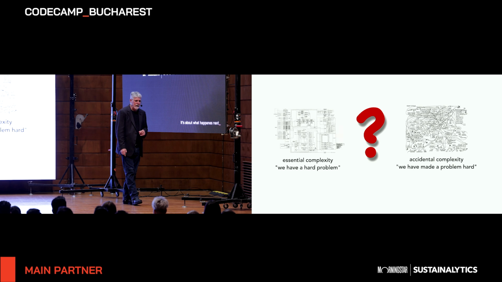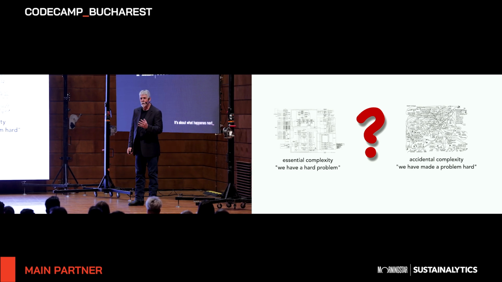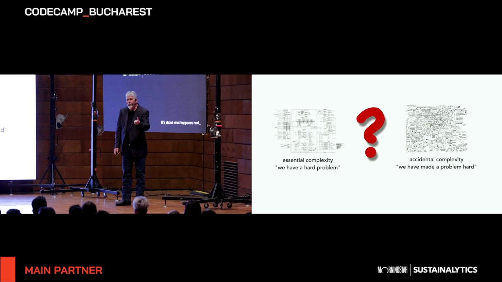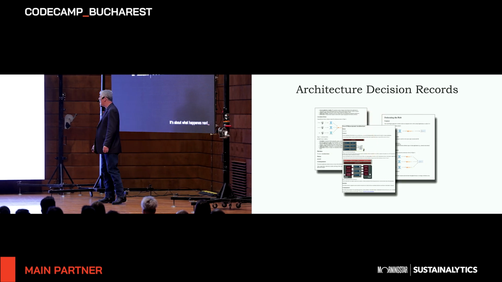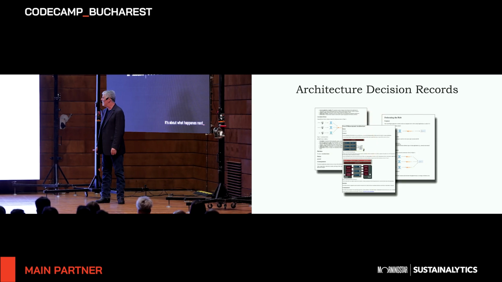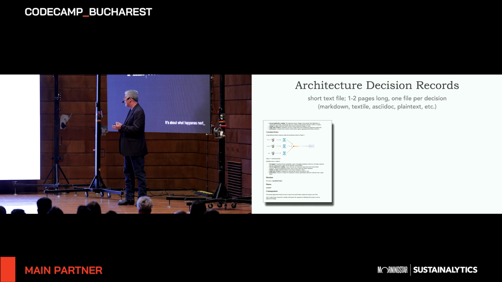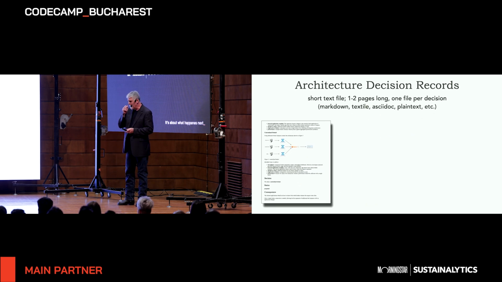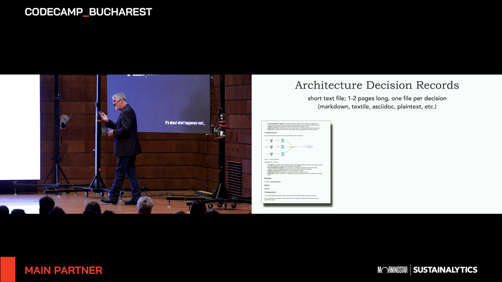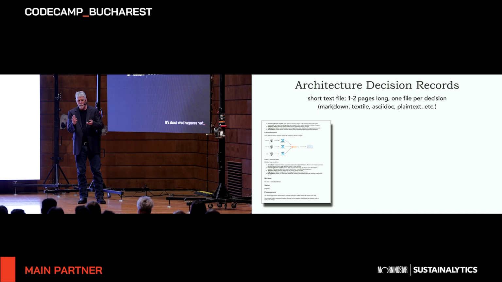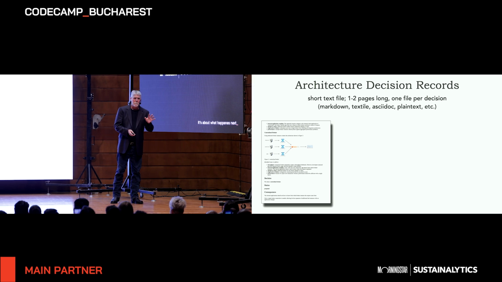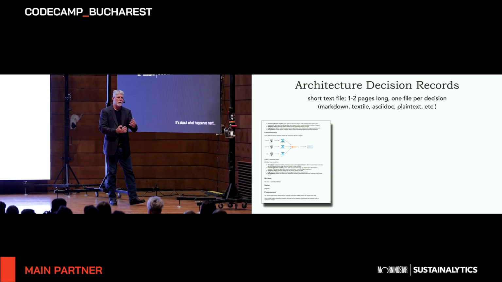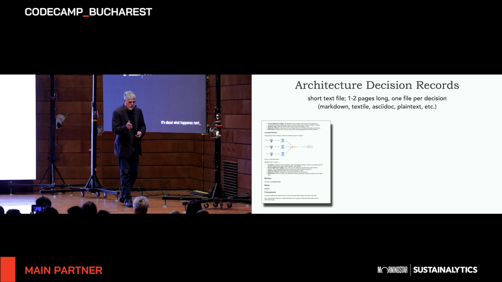Well, the first technique we can use to address complexity and simplify this, especially accidental, is architecture decision records to the rescue. Architecture decision records, or what we call ADRs, is where we make an architecture decision and we record that decision. Most of you might have heard of ADRs.